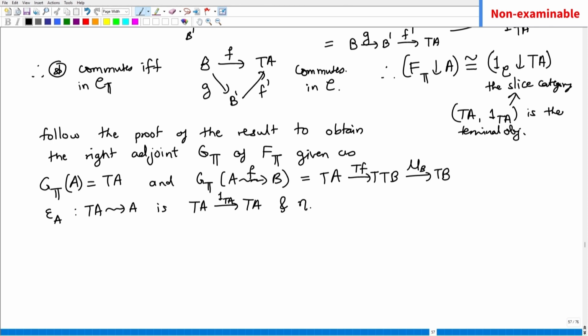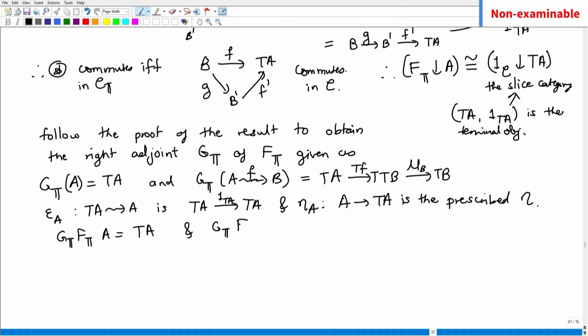Eta from A to TA, this is happening in category C, is the prescribed eta, as in the one that is given as part of the data of the monad, and G_T F_T of A is equal to TA, which means we are recovering the endofunctor correctly. And finally, together with the action on the morphisms, that also we have to say.